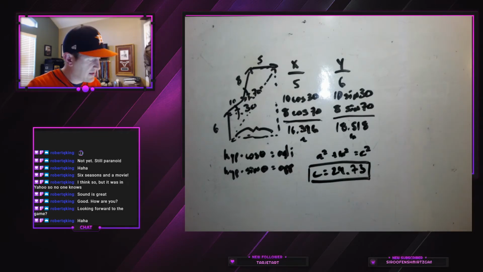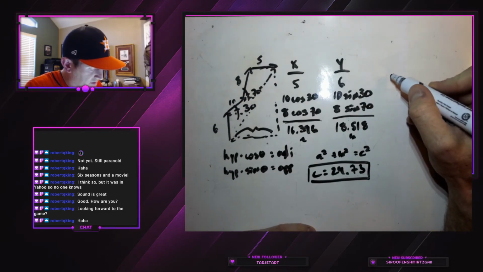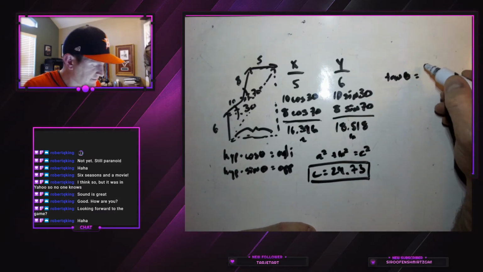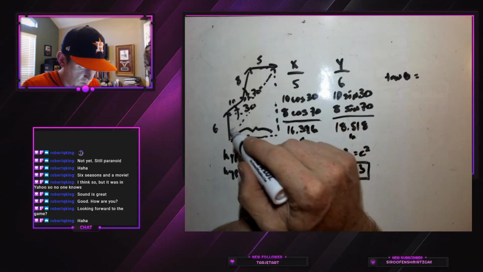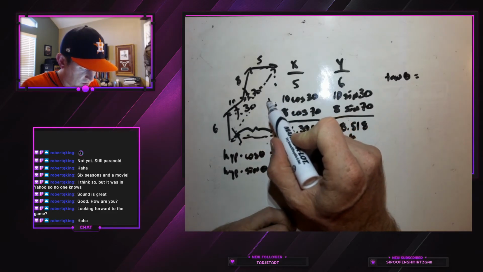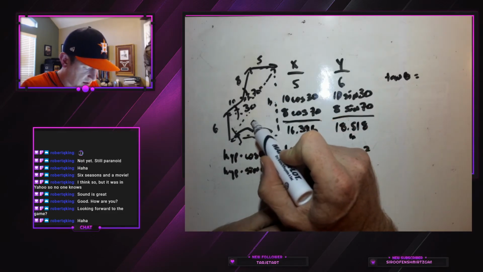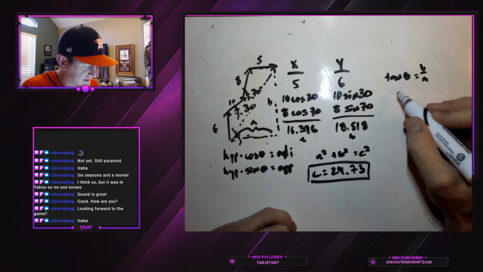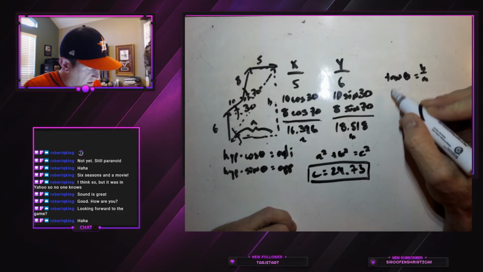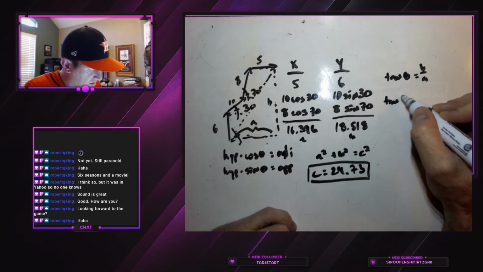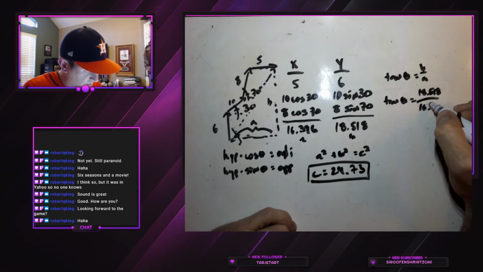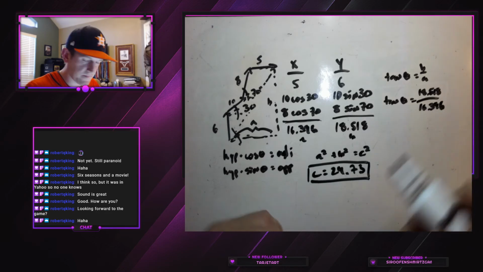But as is our custom, let's go ahead and again solve for our angle. Okay. So again, if we're solving for this angle right here, B is our opposite side, and A is our adjacent side. So we just have the tangent of the angle equals 18.518 over 16.396.